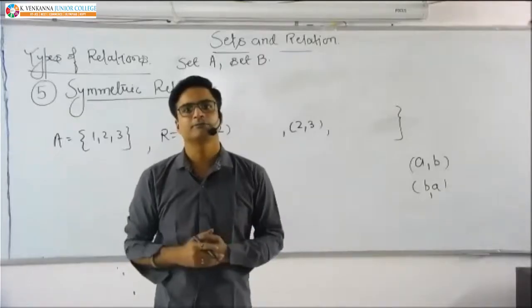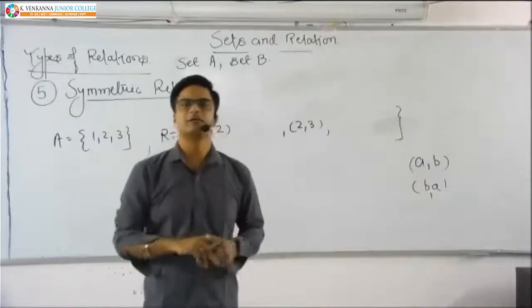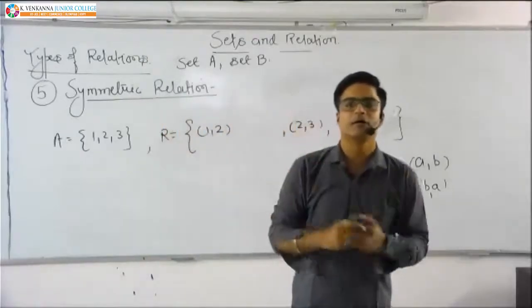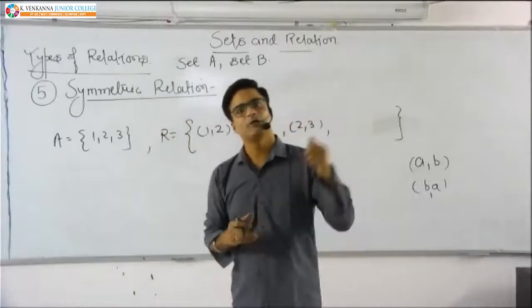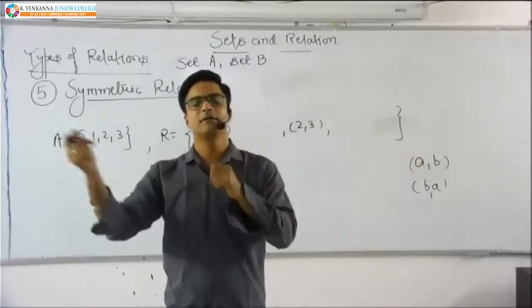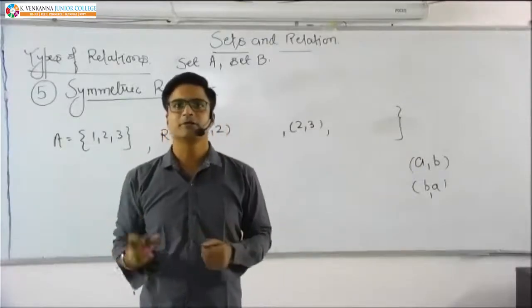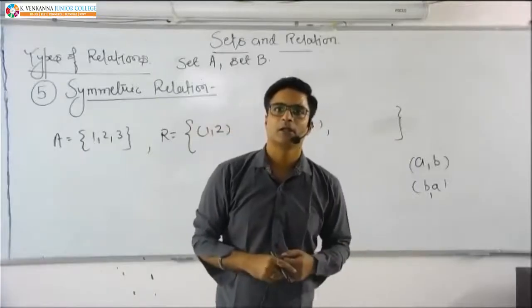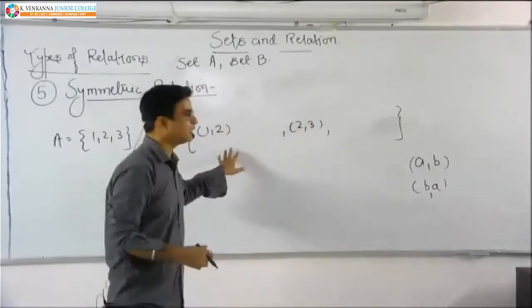If A and B are friends, that means B and A are also friends. Definitely. If I give you an example of MS Dhoni and Virat Kohli, both are friends. So if Kohli and Dhoni are friends, then Dhoni and Kohli are also friends. If you reverse their position, they will still remain friends. Same thing is happening here.